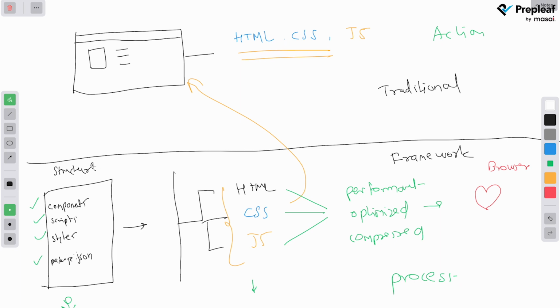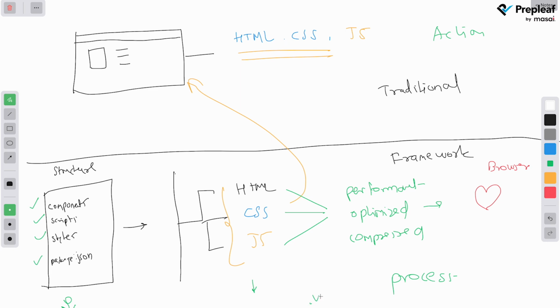As a matter of fact, first you create a structure, you initialize a project using some command tools. Once this is done, you start developing it, you start writing the code, then you ask Vue, now the code is done, can you please run it in the browser? Then Vue will convert it into HTML, CSS, JavaScript. Why? Because the first principle of browser and website is that the browser only understands three things: HTML, CSS, JavaScript.